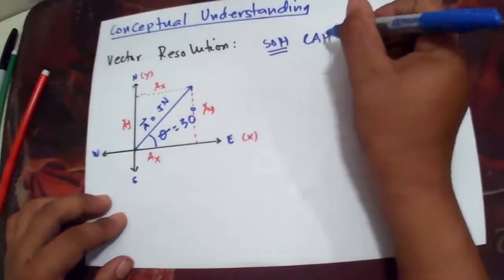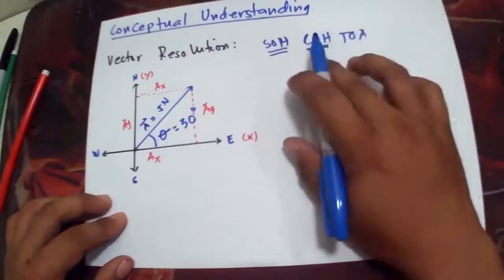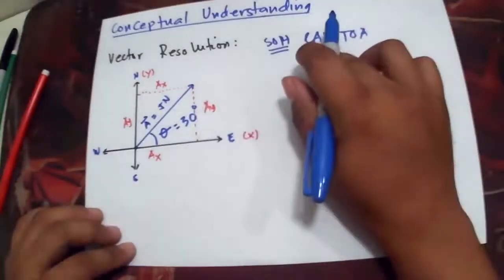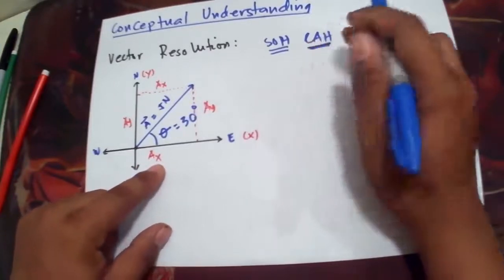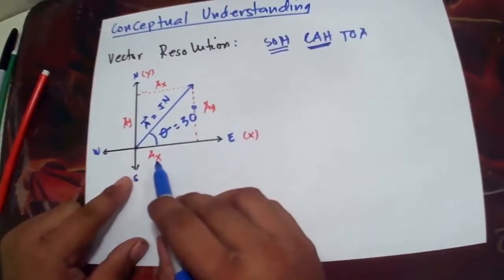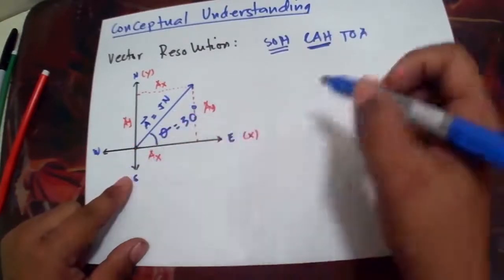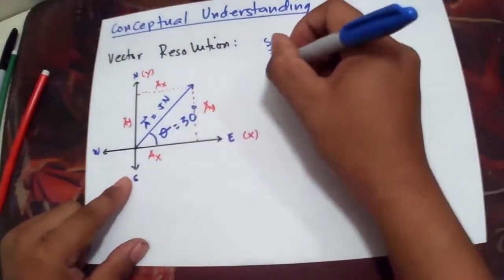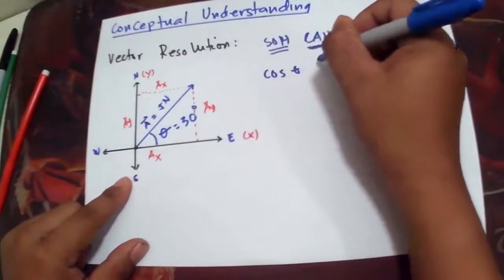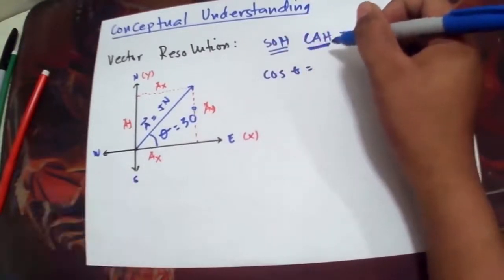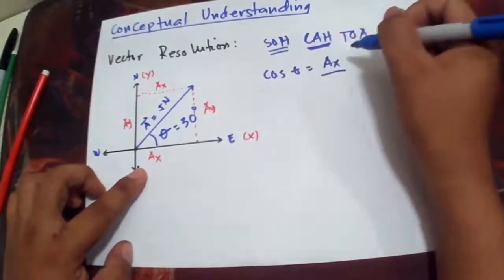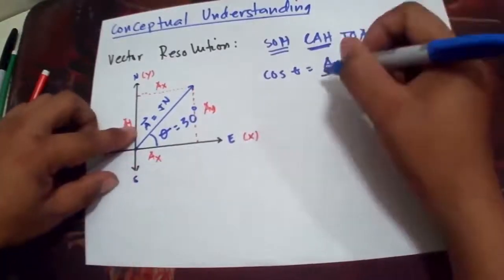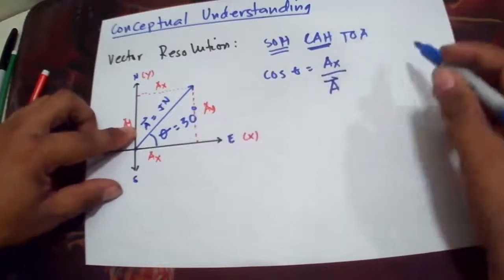We can use the cosine function, because in solving the x component, this is the adjacent side of the diagram. So we can write cosine theta is equal to the adjacent, A sub x, over the hypotenuse, which is obviously our vector A.